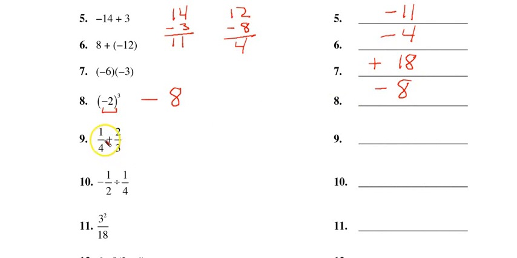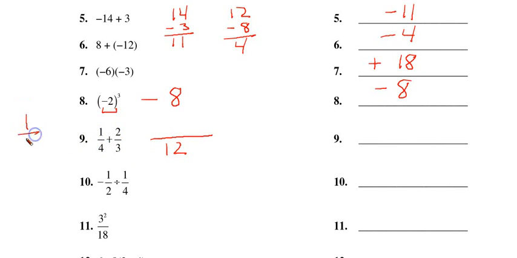Now here we have fractions. In order to add fractions, they must have the same denominator. So our common denominator is going to be 12. We can multiply each fraction by a 1 so that we can get our denominator 12.